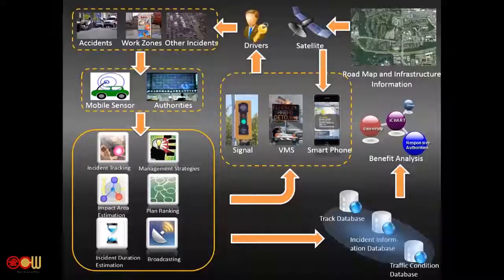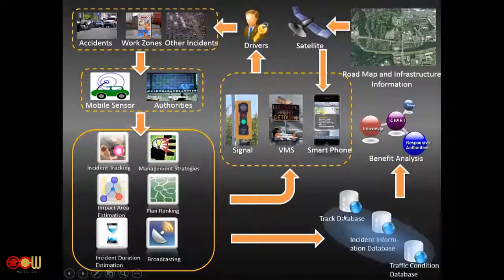We know the accident impact area could be 3 miles. Then all the car entering the 3 mile or maybe 3.5 mile, give a margin. You inform them actively this accident, what would be the queue, think about whether you should do detour or not. Or you can give advice to detour or just give them information for them to make their own decisions. And those are related benefits, okay?